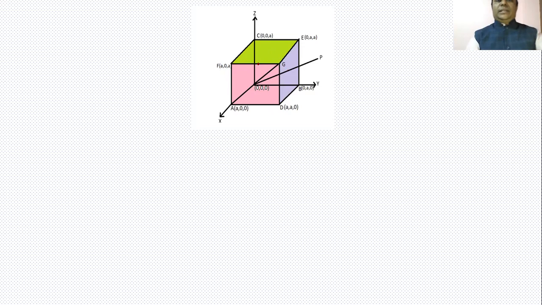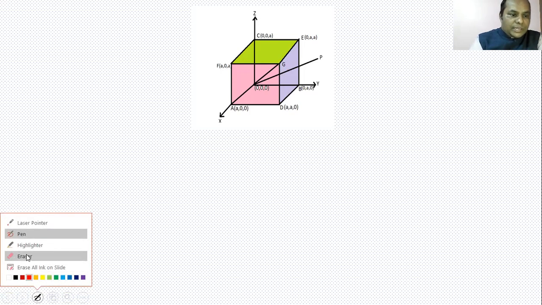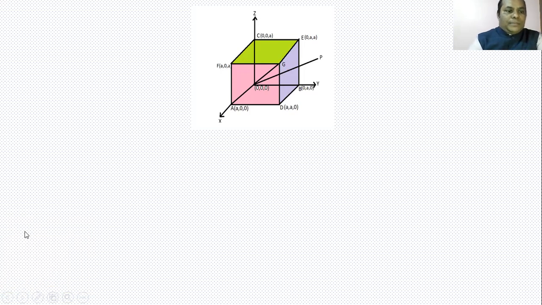But actually here the question has said a line makes angles alpha, beta, gamma, and delta with four diagonals of a cube. Basically you can see here a line means OP is one line.